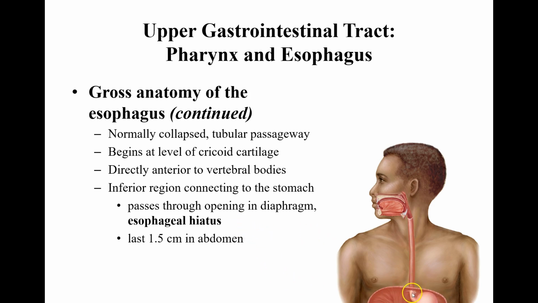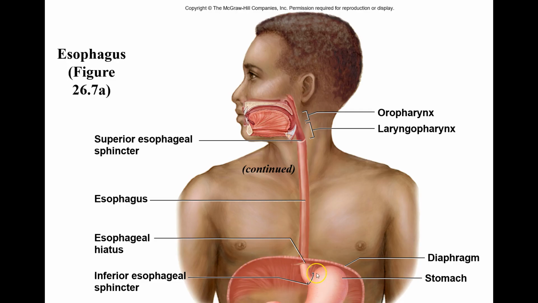Where the esophagus moves through the diaphragm is called the esophageal hiatus, and if you've ever heard of a hiatal hernia, that's when the stomach actually moves into the thoracic cavity. And so you can see it a little bit better here. Right here would be the inferior esophageal sphincter, which controls movement of materials into the stomach and makes sure that materials in the stomach don't come back out.